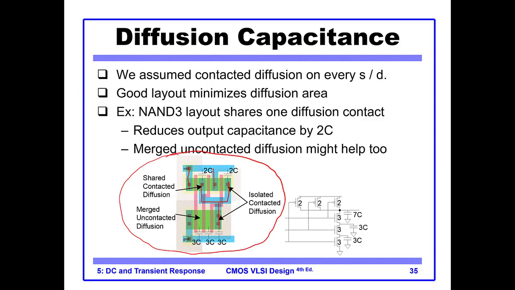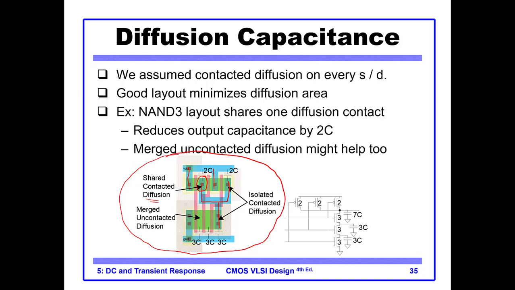So you see that these two transistors share the same capacitance. Okay, so it is shared diffusion capacitance.